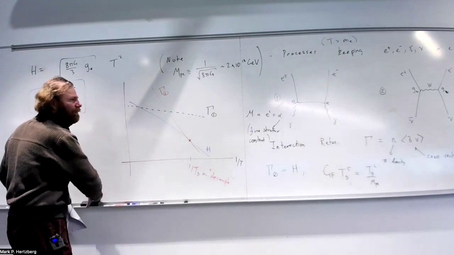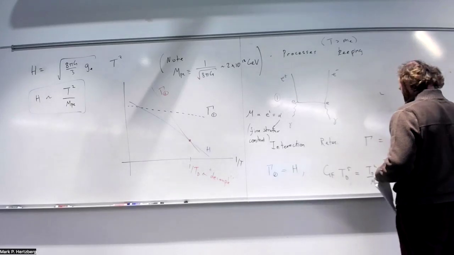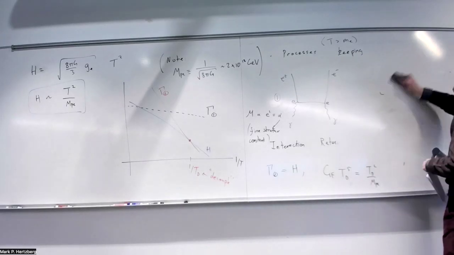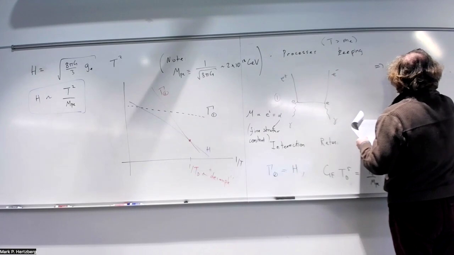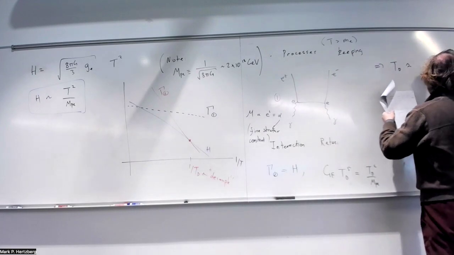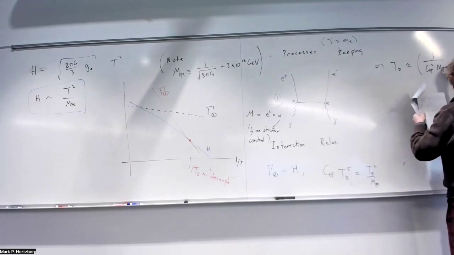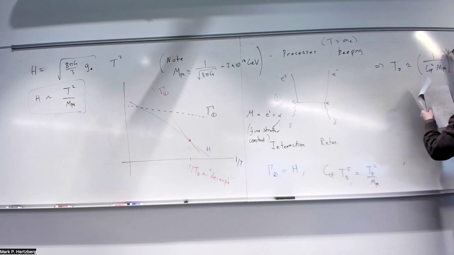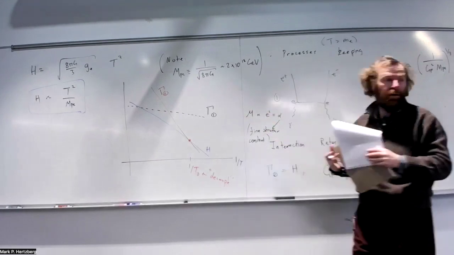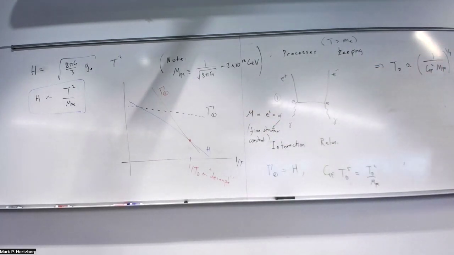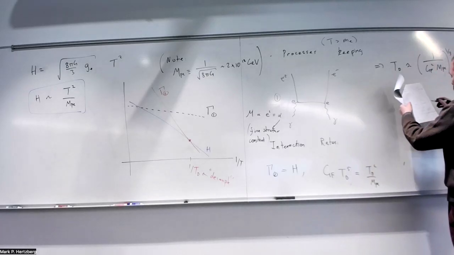T decouple is one over G Fermi squared M Planck to the 1/3. So we know M Planck, it's 10 to the 18 GeV, and we know G Fermi, it's 10 to the minus 5 inverse GeV squared. So you put this in, and lo and behold, it's rather close to 1 MeV.